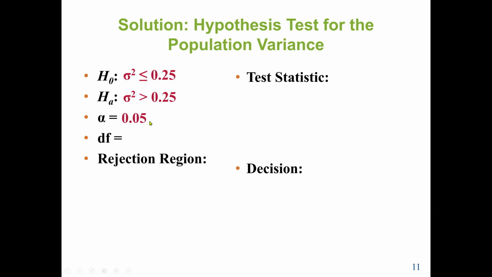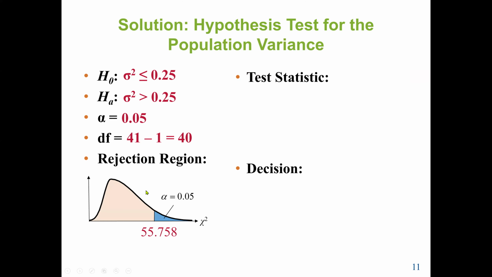Alpha was given to us as 0.05. We know the sample size is 41, so the degree of freedom will be 41 minus 1. The population is normally distributed. Here we have our diagram, and based on the alpha value we can get the critical value.